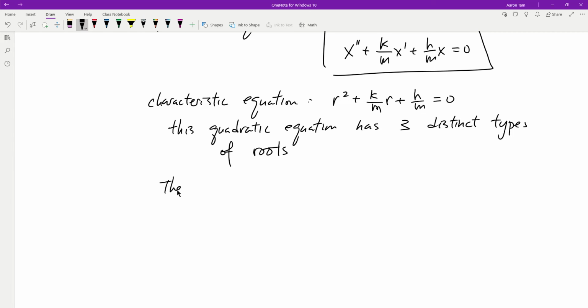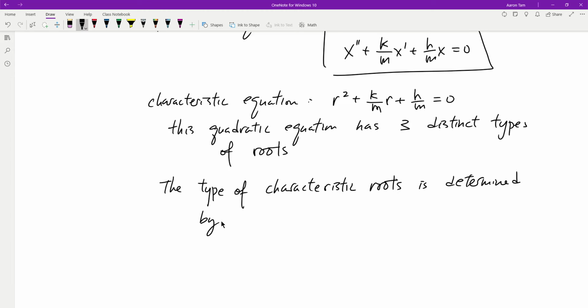Well, the type of roots depends on the discriminant. You're probably thinking, back in Algebra 2, why do you have to learn the discriminant? Why don't we just find the roots instead of trying to describe them? Well, in some cases we don't have enough information to solve for the roots, but we simply want to know what kind of things would happen based on what the roots are. So the type of the characteristic roots is determined by the discriminant.